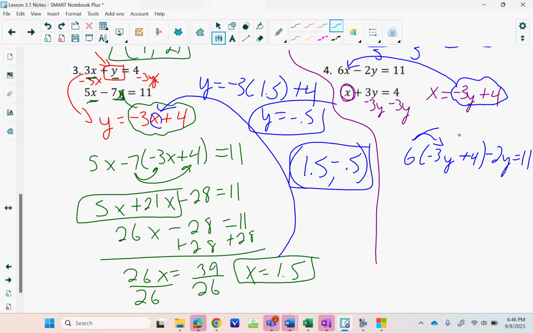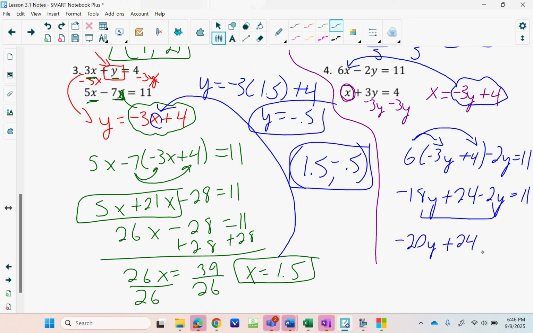Okay, so I'm going to distribute my 6, and I'm going to combine like terms. You get negative 13.